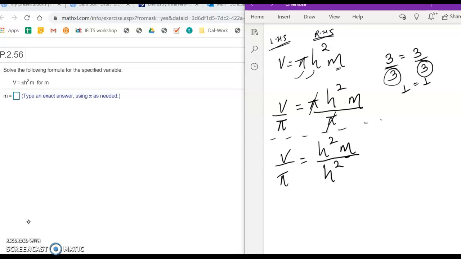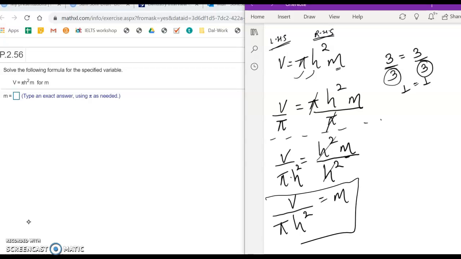But over here there is already pi sitting, so just keep the h square next to the pi. Now this h square cancels out. You are left with only m. So it is m equals, and now h square is gone. On the left side, we are left with V upon pi h square. So this is the solution.